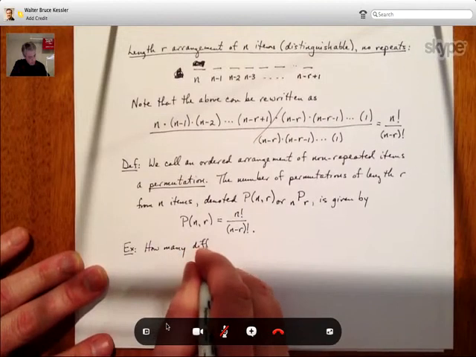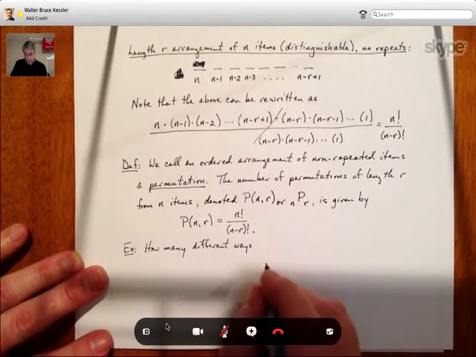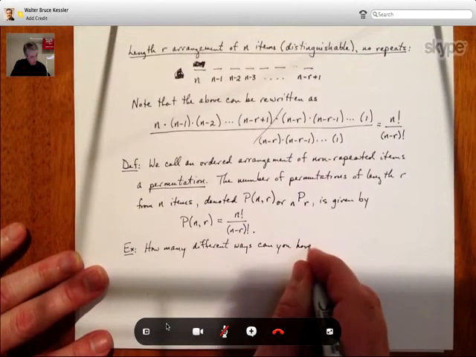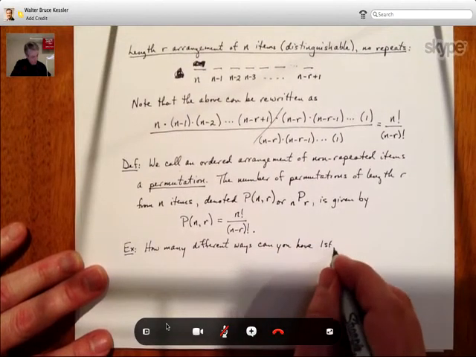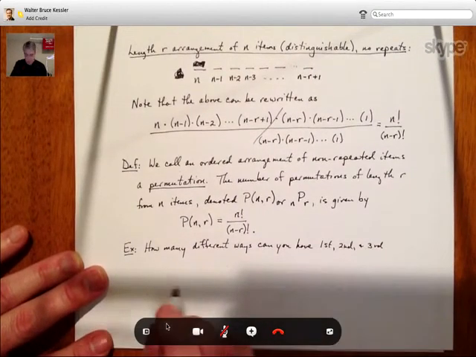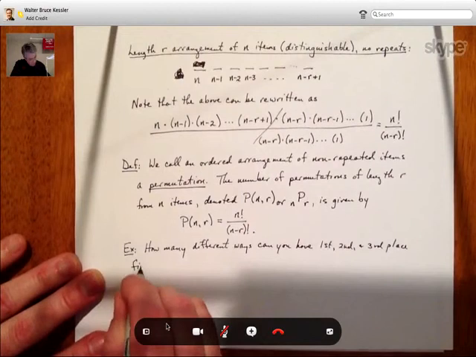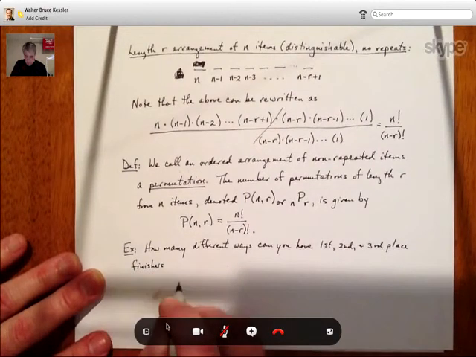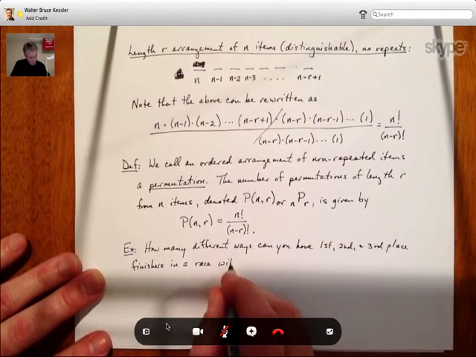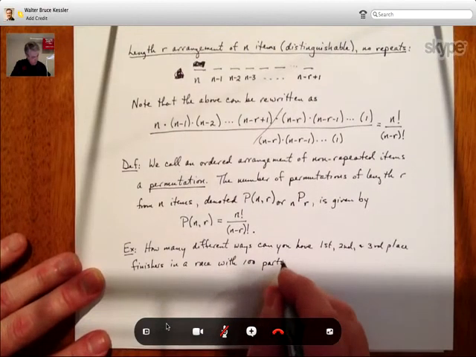How many different ways can you have first, second, and third place finishers in a race with 100 participants?